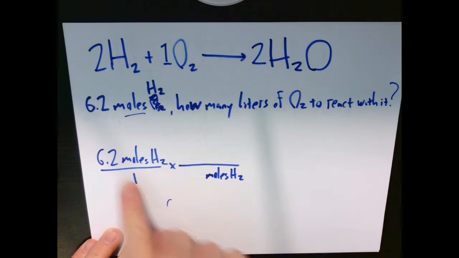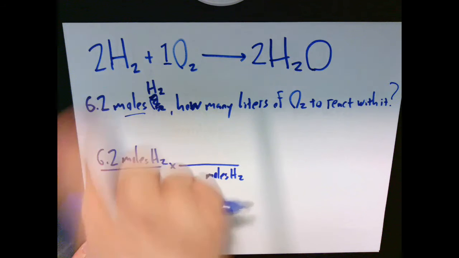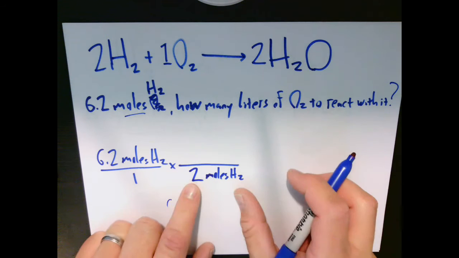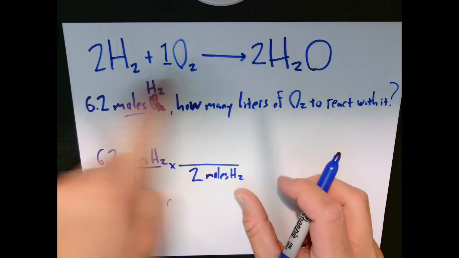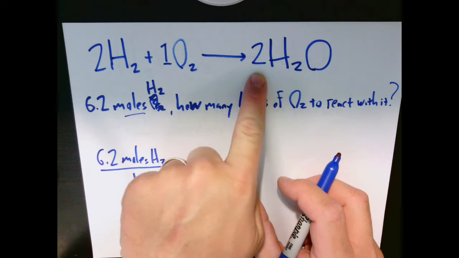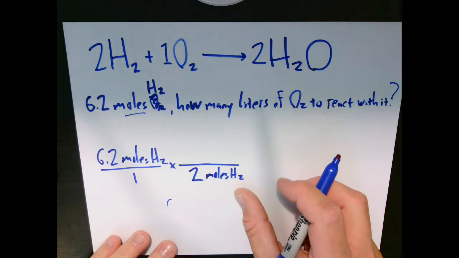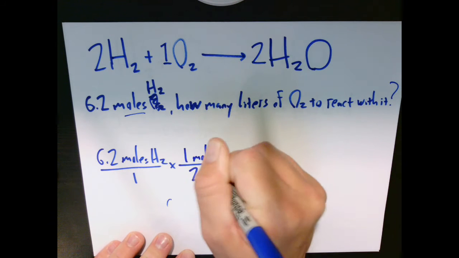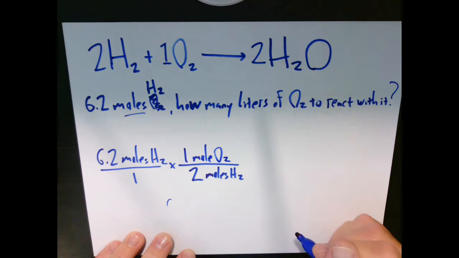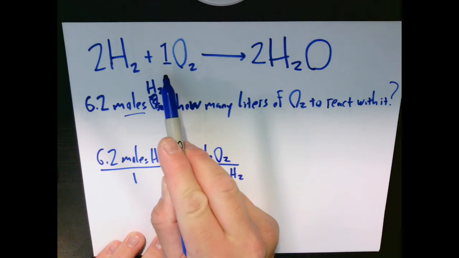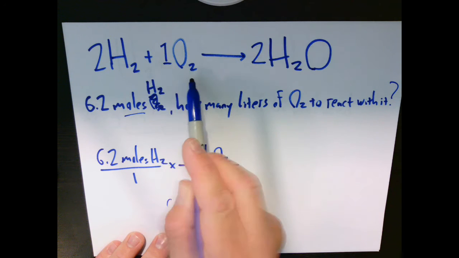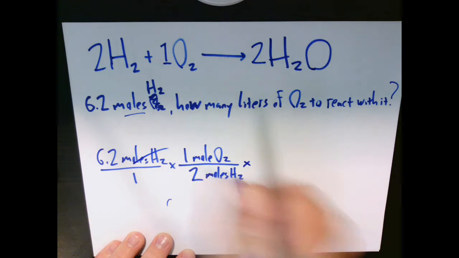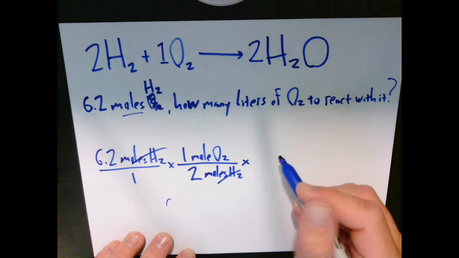Its coefficient from the balanced equation is 2. So we put a 2 there, okay? Again, in this step, the numbers come from the balanced equation, the coefficients that balance the equation, okay? In the numerator, 1 mole of O2. And where did that come from? Right here, okay? 1 balances oxygen in this equation, okay? So moles of hydrogen cancel out. We're left with moles of oxygen.